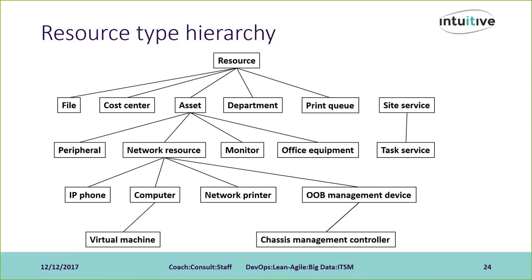Additional basic inventory data classes like AEX AC identification, and AEX AC primary user, so the primary user of that computer, are inherited and then added to the computer type from the network resource.